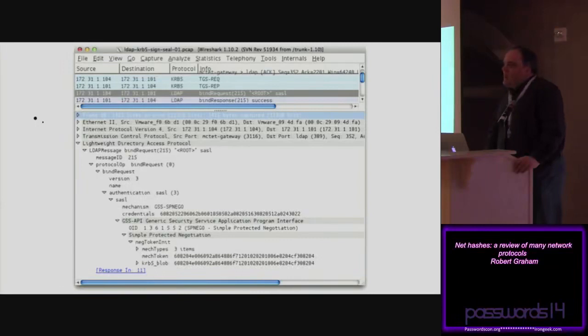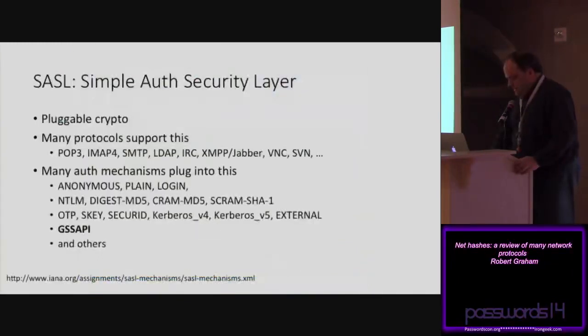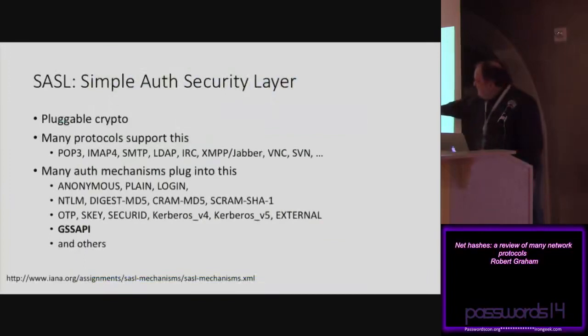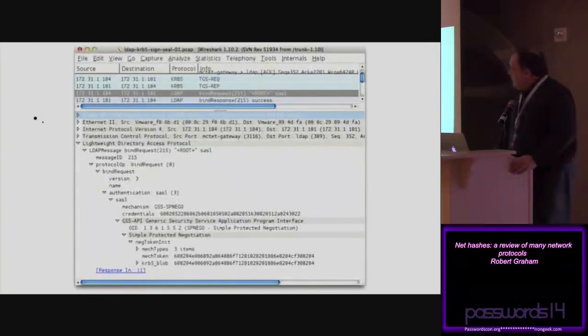And then from then on within an organization, that server controls your login to everything else. That's what GSS API is designed for in the SASL system, is that Kerberos plugs into that. But instead of the password exchanges, you get this ticket from the login server that allows you to log into everything else.